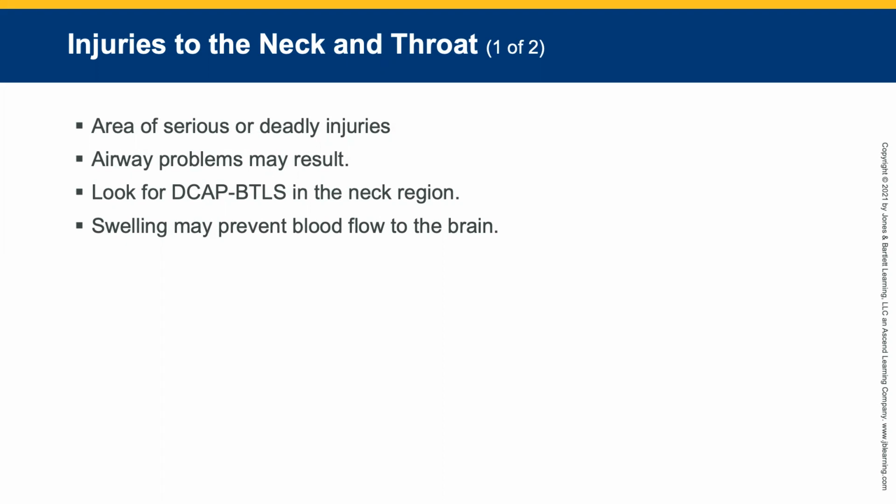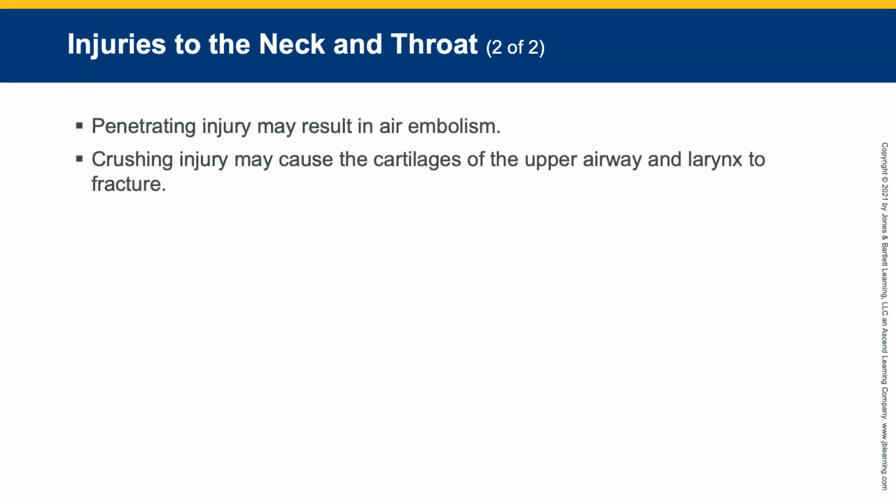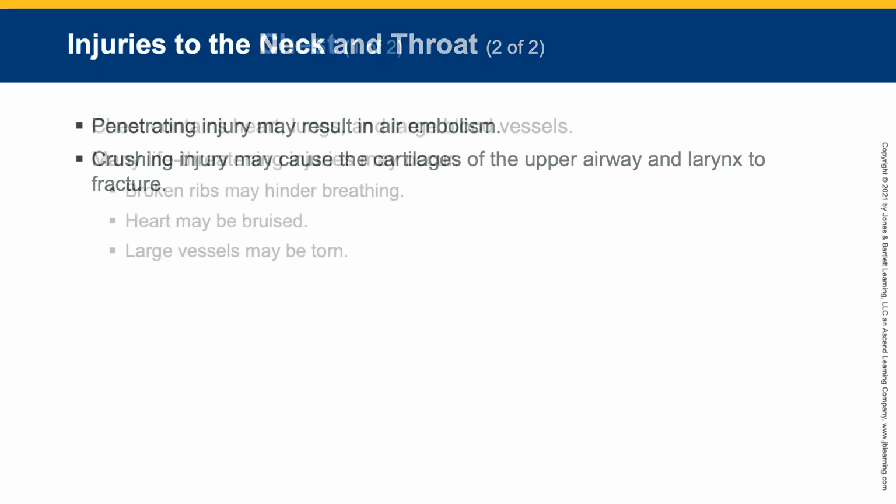Swelling may prevent blood flow to the brain and cause injury to the central nervous system. A penetrating injury may result in an air embolism. A crushing injury to the upper part of the neck may cause the cartilage of the airway and larynx to fracture. I've never seen that, but I hate the outcome of that patient.